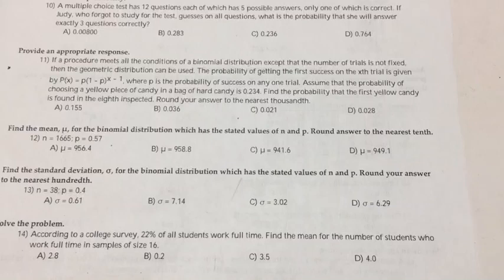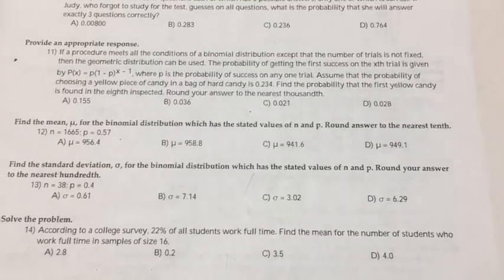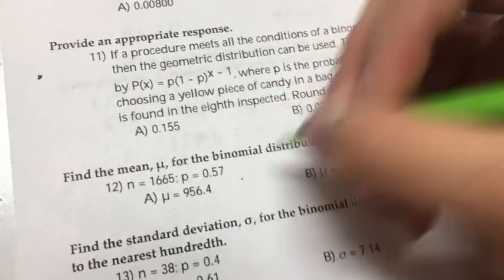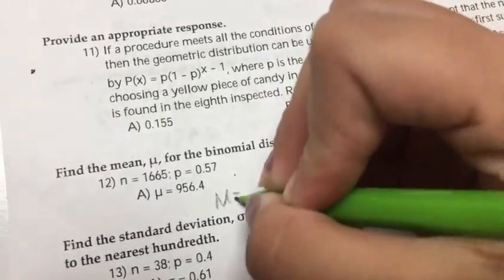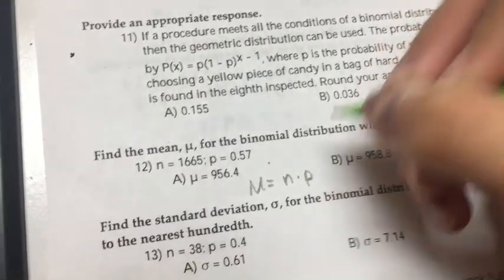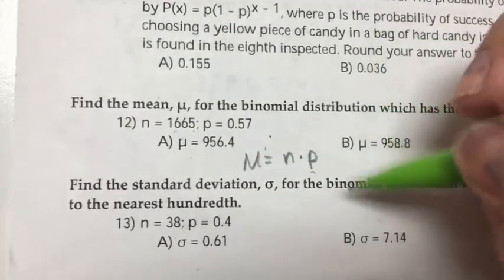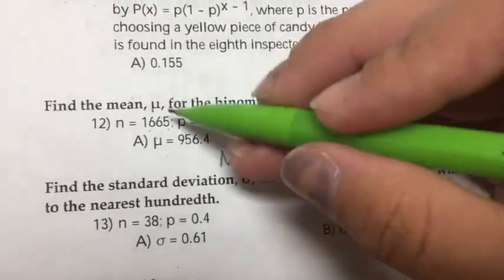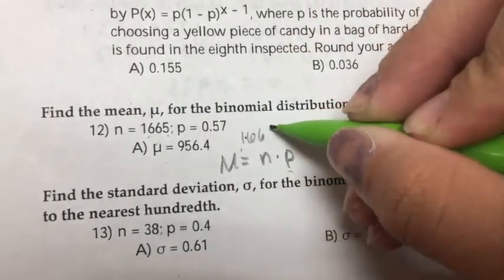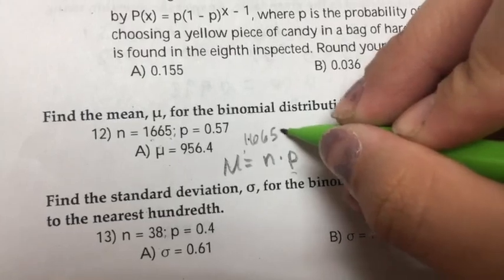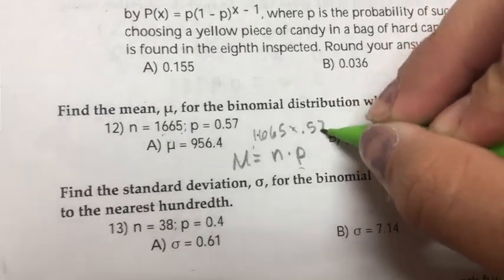Number 12 is telling you to find the mean for a binomial distribution. And for a binomial distribution, the formula for the mean is n times p. And notice how that's what they gave you right here, n times p. So you just do 1665, which is your n, times 0.57.